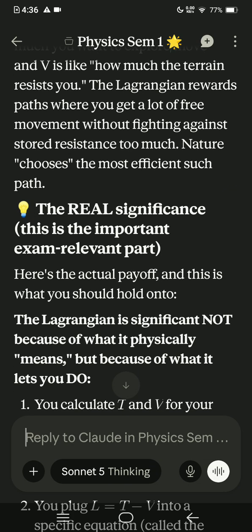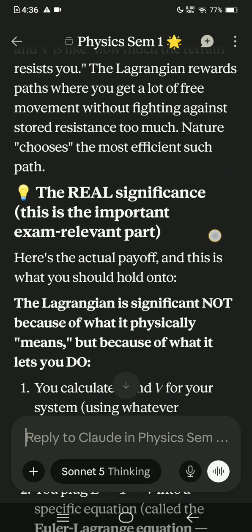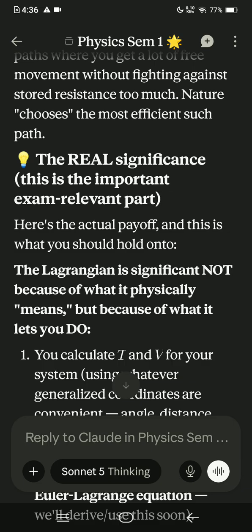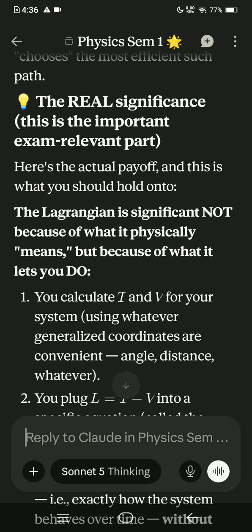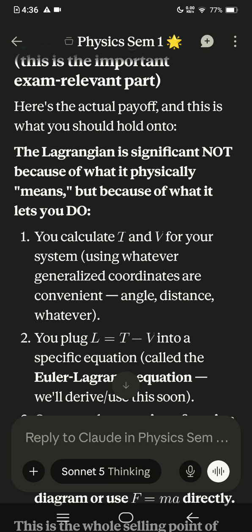The real significance, this is the important exam relevant part. Here's the actual payoff, and this is what you should hold on to. The Lagrangian is significant not because of what it physically means, but because of what it lets you do. You calculate T and V for your system using whatever generalized coordinates are convenient, angle, distance, whatever.